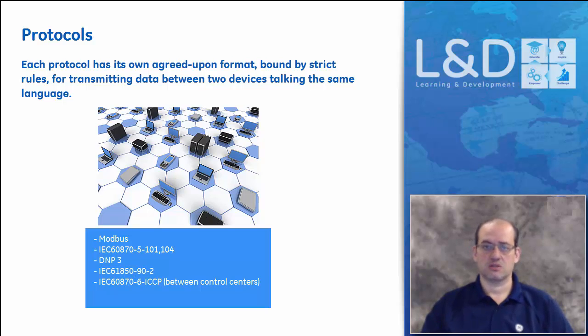We have to take the history in perspective. These protocols were not available in the 1960s, and utilities were picking up devices on an availability basis, and they ended up with a lot of protocols in their substations. So there could be about 3,000 protocols.